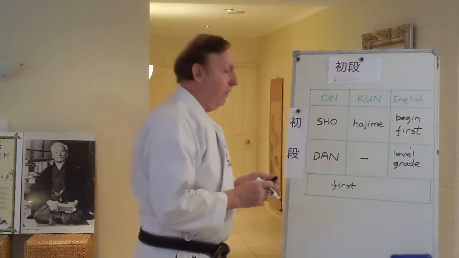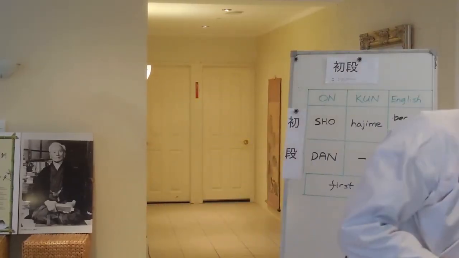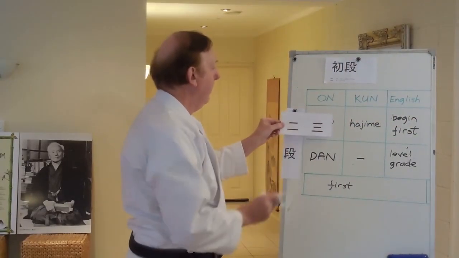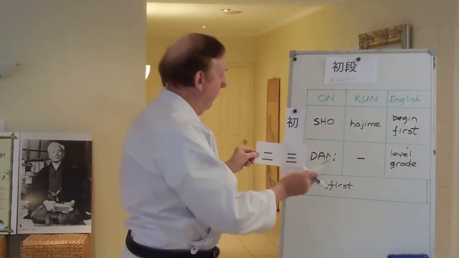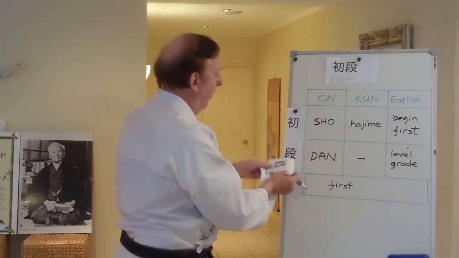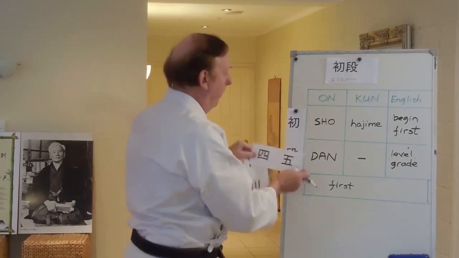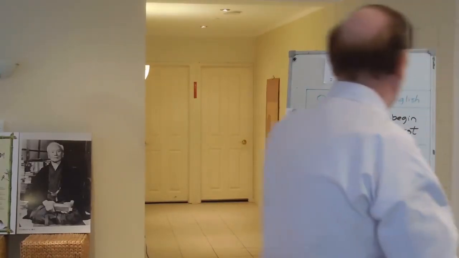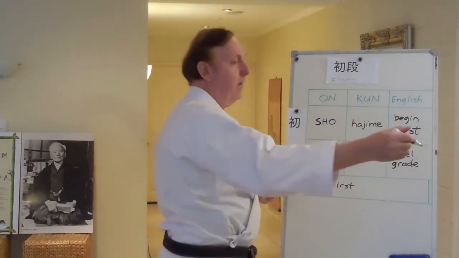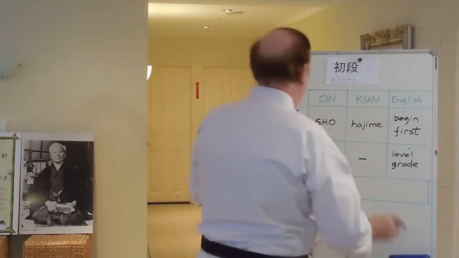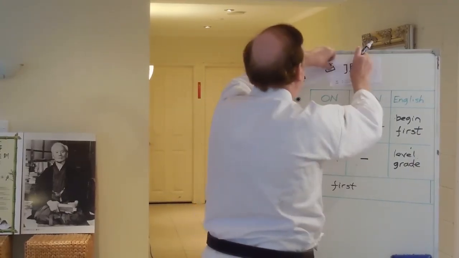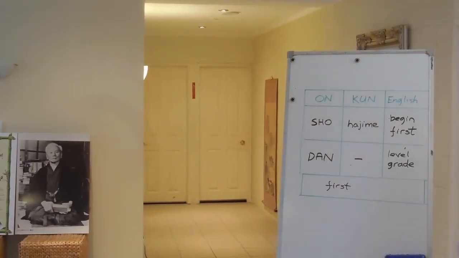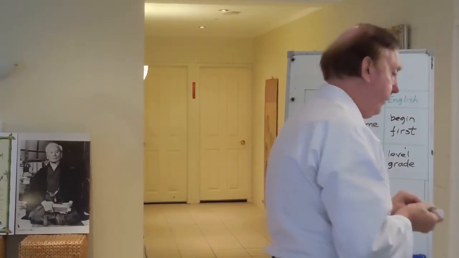Of course, you can have other ones, so you can have nidan and sandan, yondan and godan. So this is just different numbers signifying the levels going up. So it could be first, second, third, fourth, fifth. So that's shodan, and that applies to Tekki Shodan, Tekki Nidan, Tekki Sandan, Heian Shodan, and so forth.